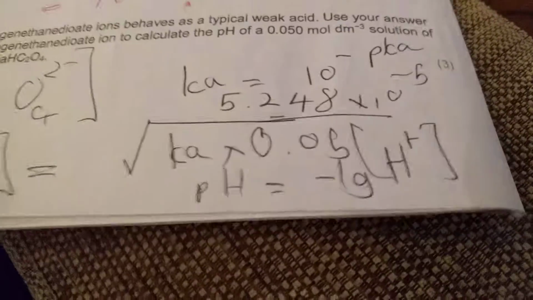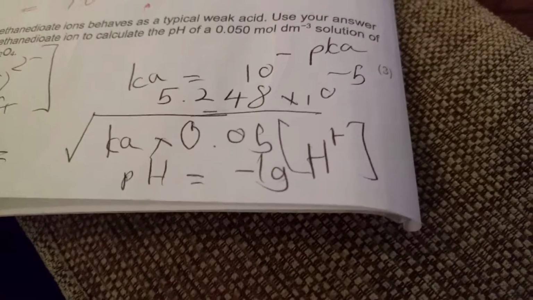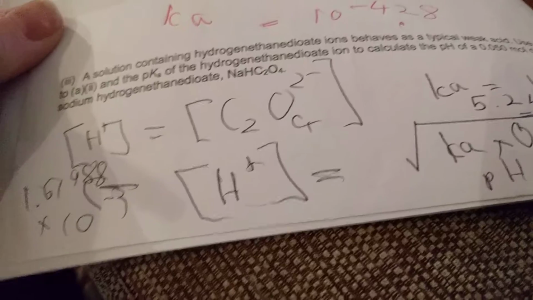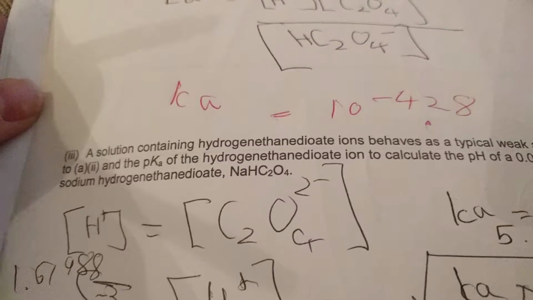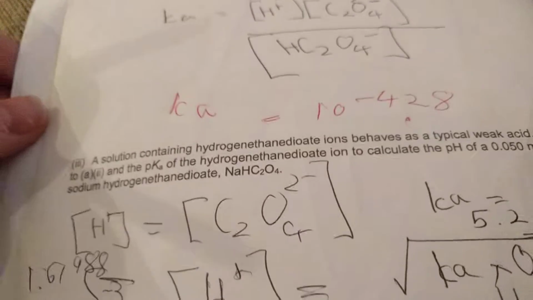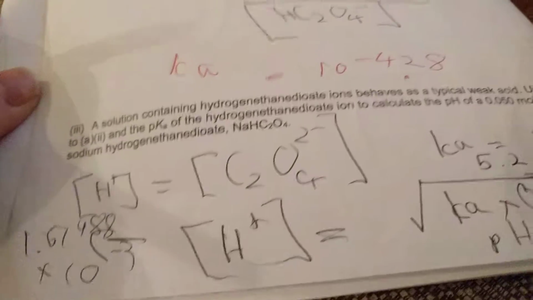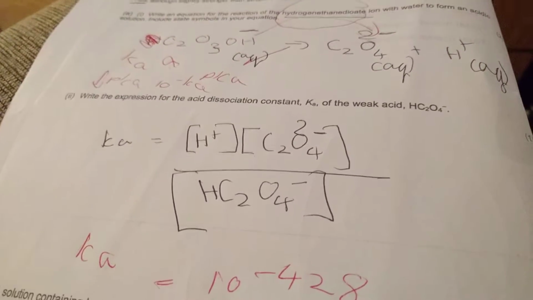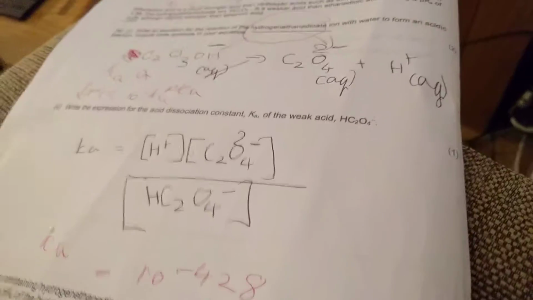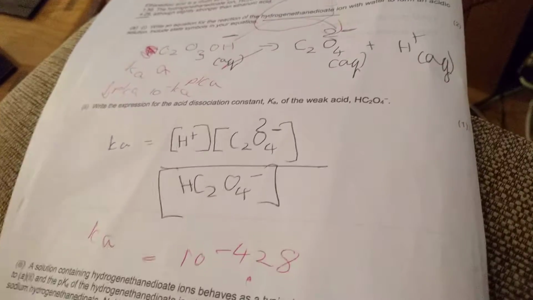Okay, so it's asked me to calculate the pH. Now obviously I know that the pH is going to be linked to the negative log of the H+ concentration. So the first thing I need to do before I can find the H+ concentration is work out the link between H+ and C2O4 2-. And we assume that they're the same thing. The second thing we assume is that my HA concentration at equilibrium is the same as my initial HA concentration.